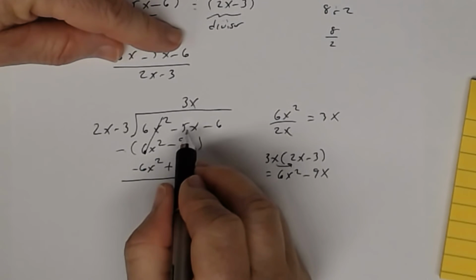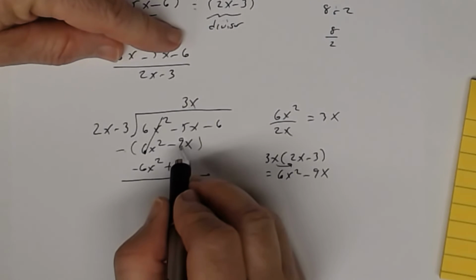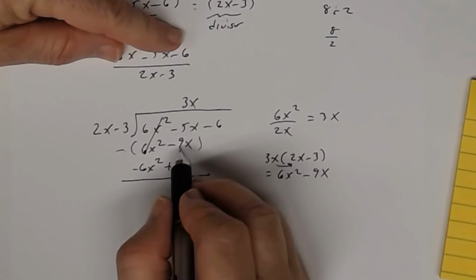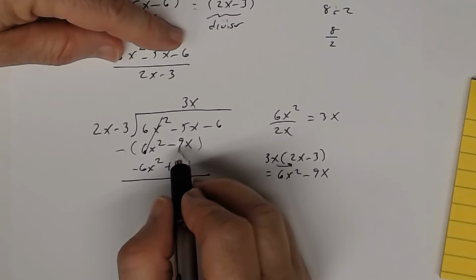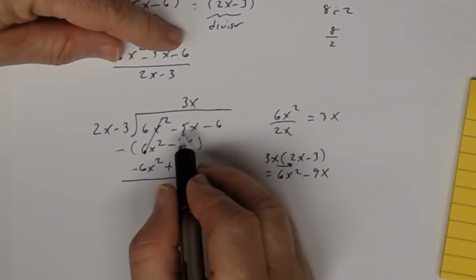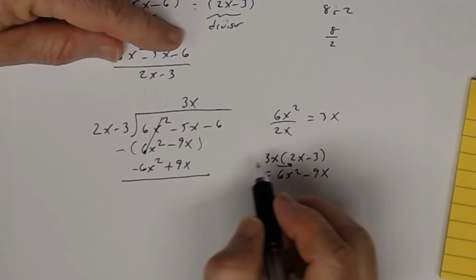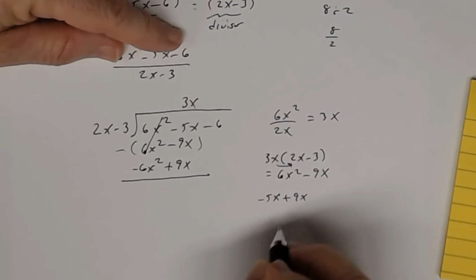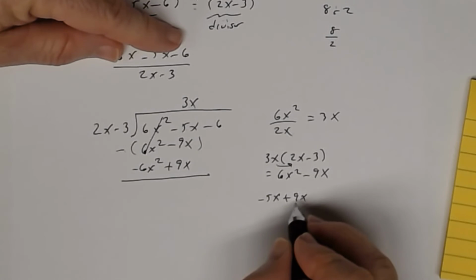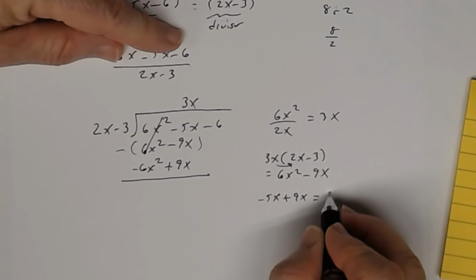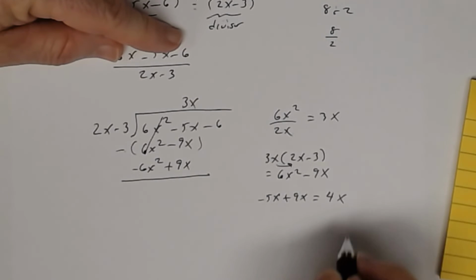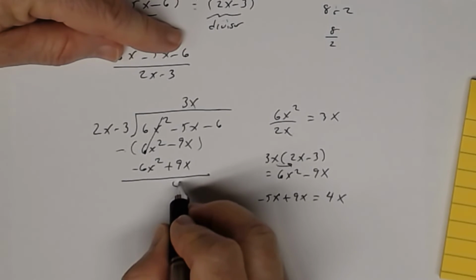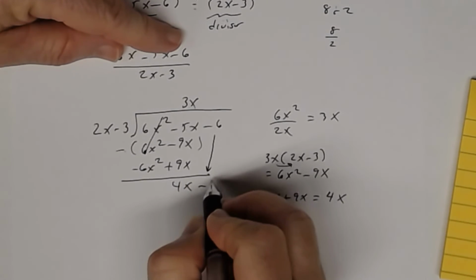A negative 5x subtract negative 9x, see that's complicated, right? But it makes it easier to think of it this way: negative 5x plus 9x. That's easier to think about. Negative 5x plus 9x is 4x. So that goes here. Then we bring down the next term.